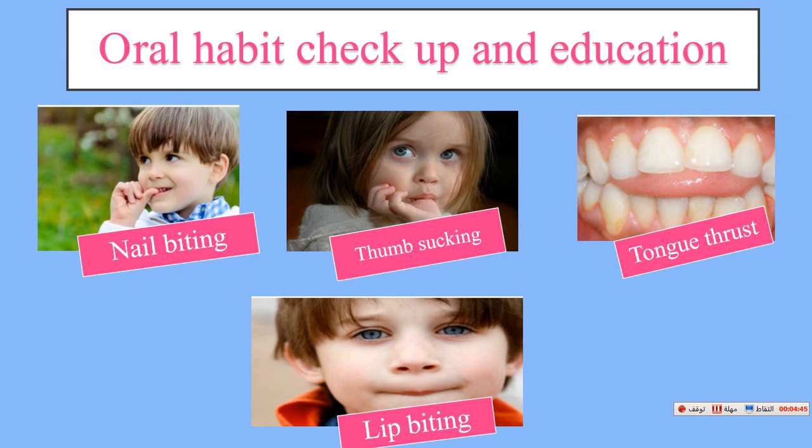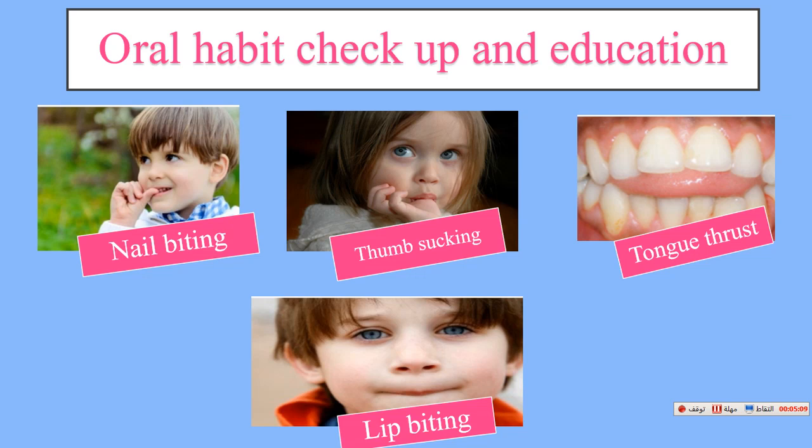These habits are normal in the child, especially thumb sucking, which gives a feeling of security to the child, especially in the first few months postnatally. But parents should be educated about the ill effects of these habits.